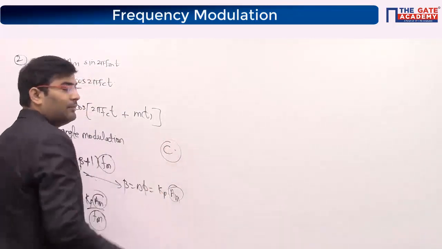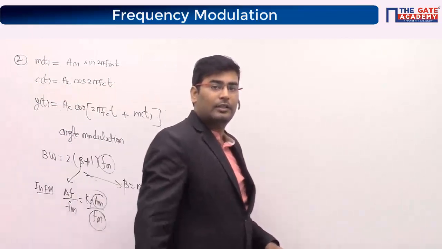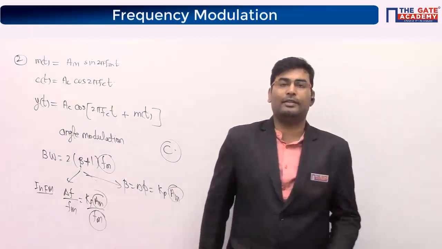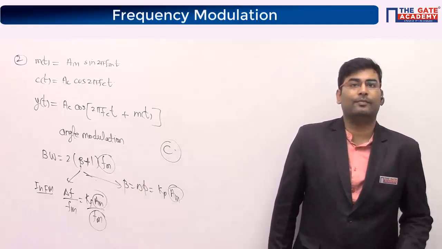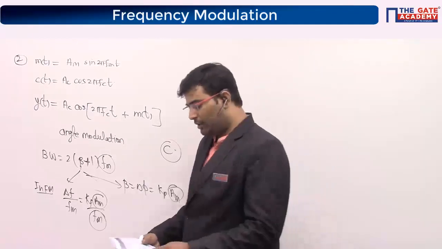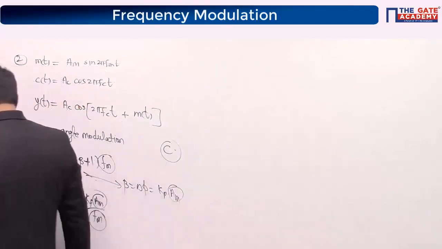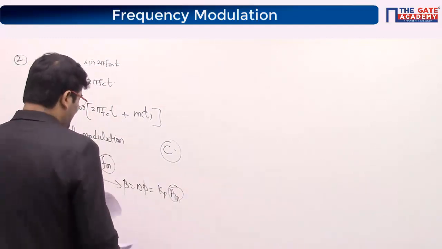Option C. I think Harsha is right, and those who said answer C is correct, very good. Beta is dependent on both AM and FM. Please write it down as a statement.